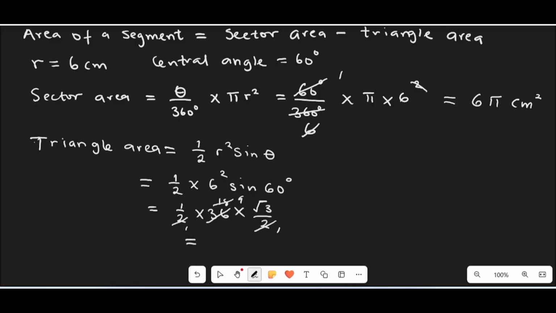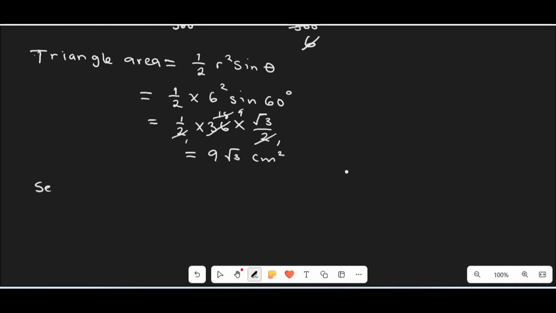So our answer is 9 root 3 centimeter square.